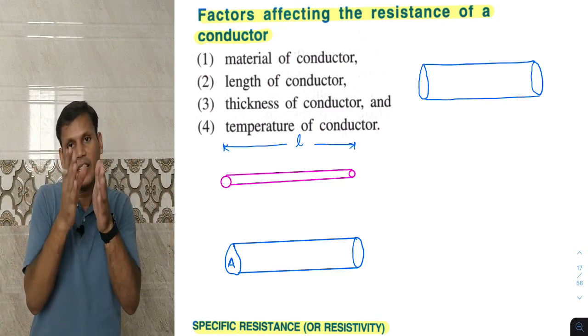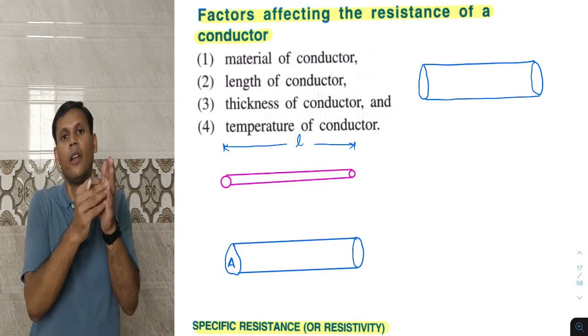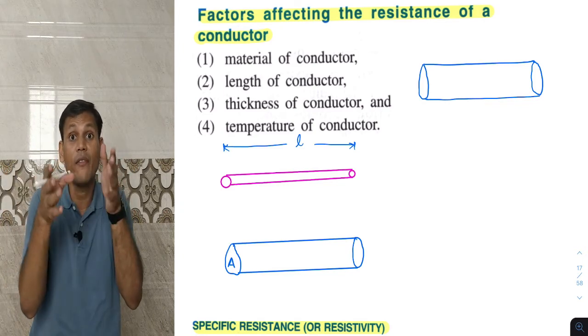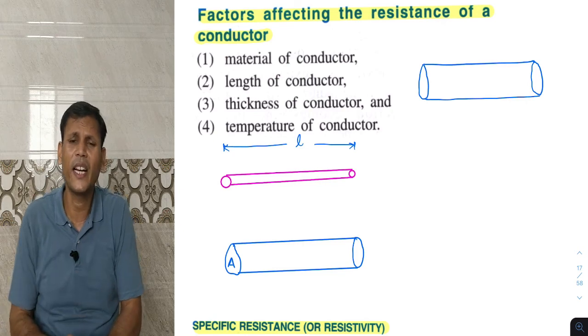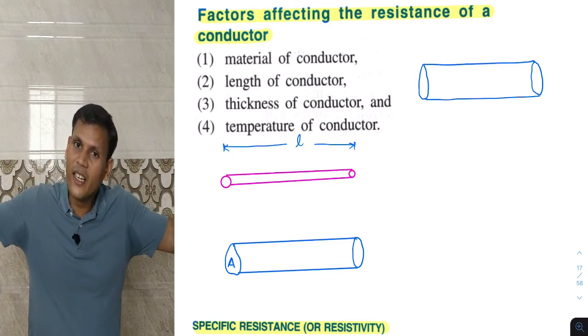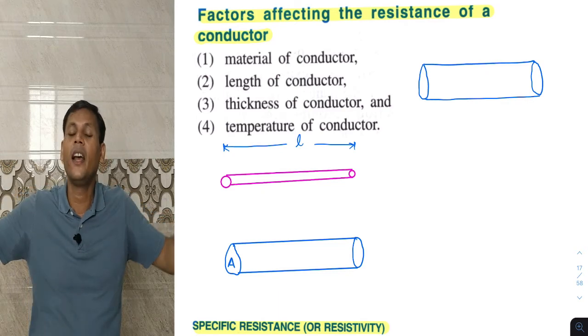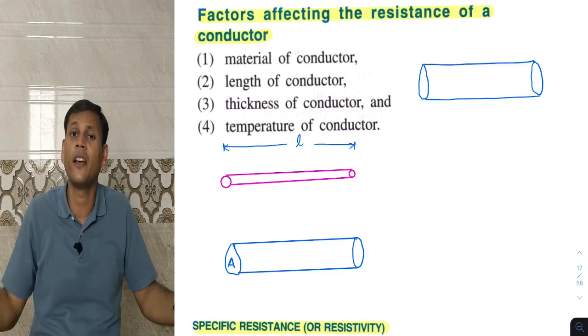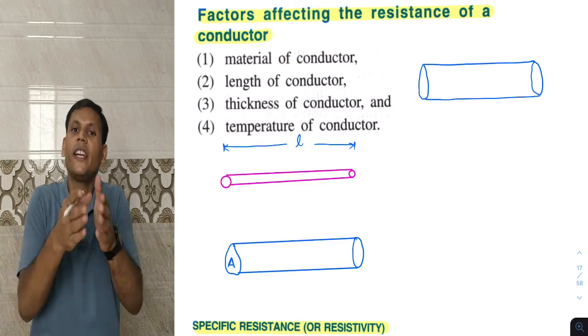If the conductor is very small, the electron will pass easily and collisions will be less. So we can say resistance will increase with the increase in length of the conductor, and resistance will decrease with the decrease in length.